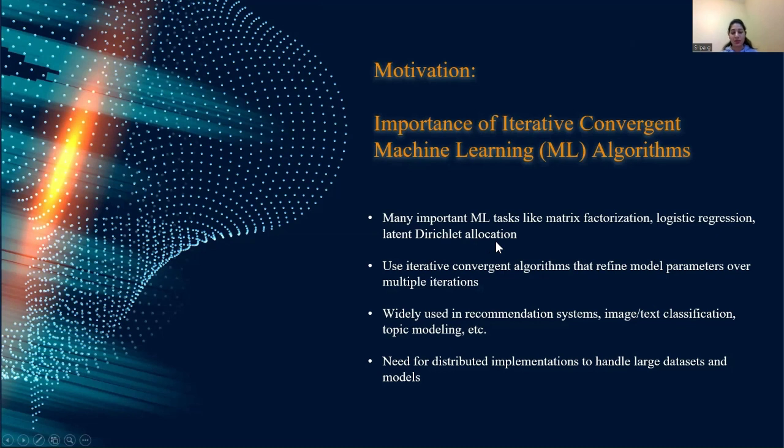This is for topic modeling, for example, discovering topics in document collections. These algorithms work by starting with an initial guess of the model parameters and then iteratively refining those parameters over multiple iterations to converge to the final model that best fits the training data.